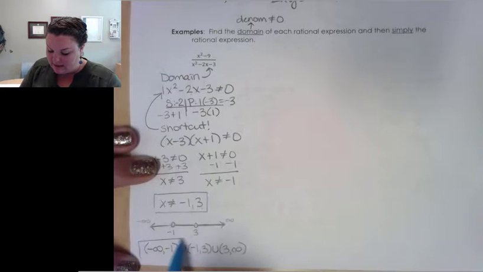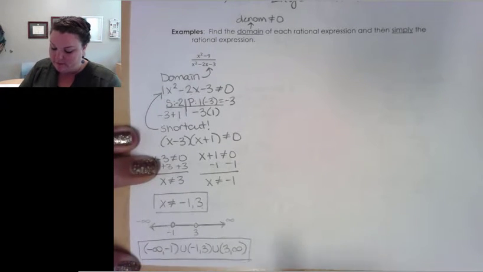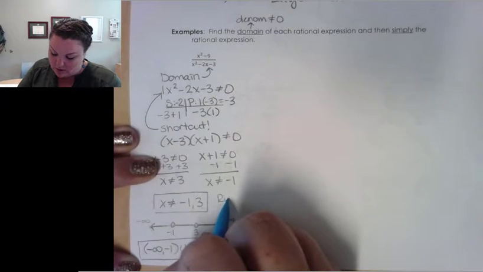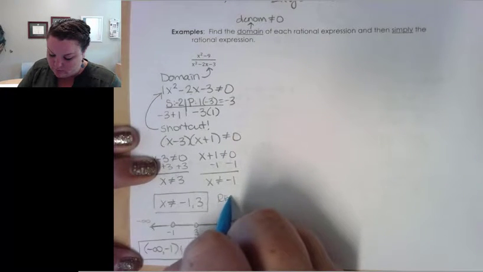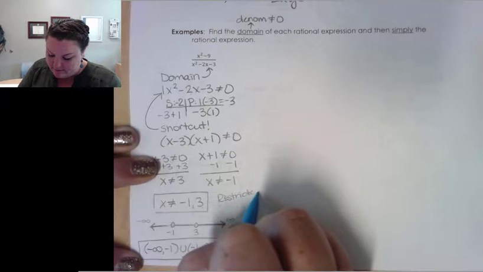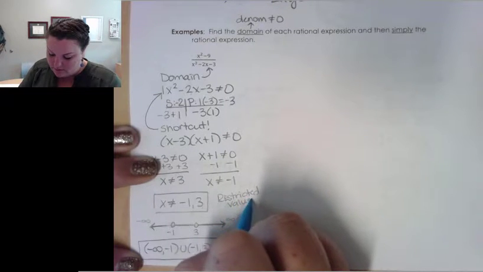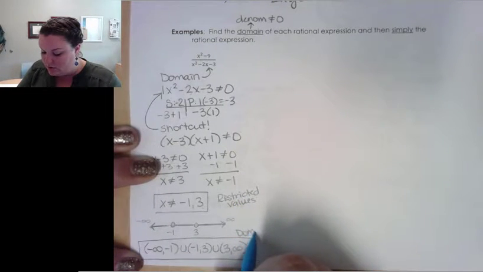And this is how we express our domain. So this is what we call our restricted values, and this is our actual domain.